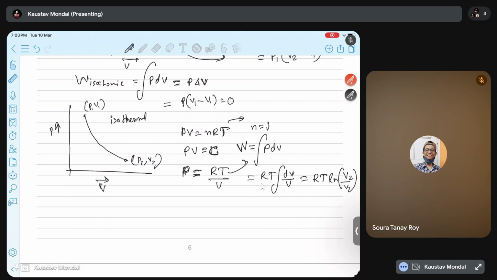This is the work done for the isothermal process.